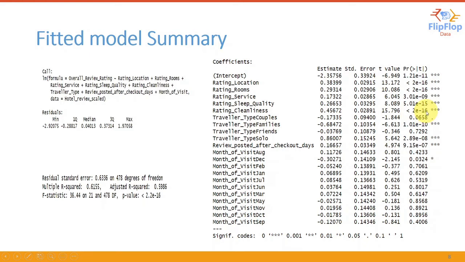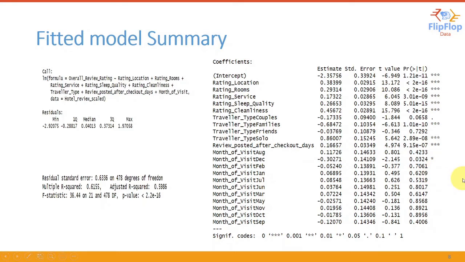And this p-value is the lowest among all the other rating variables. But we have to find out which one is most significant out of these 3, in the sense out of location, rooms, and cleanliness.